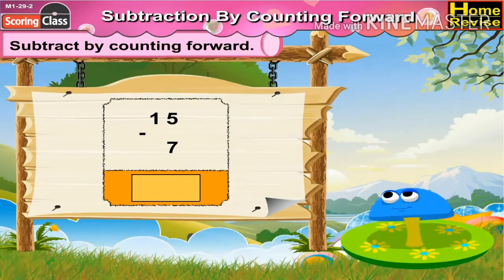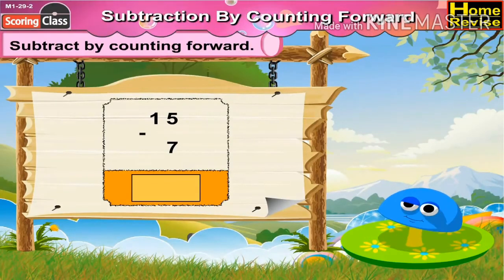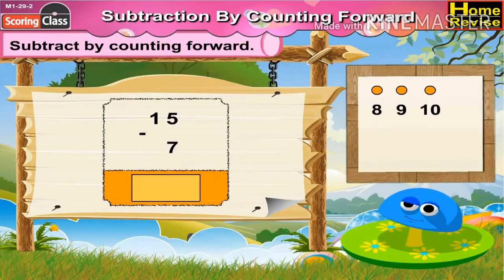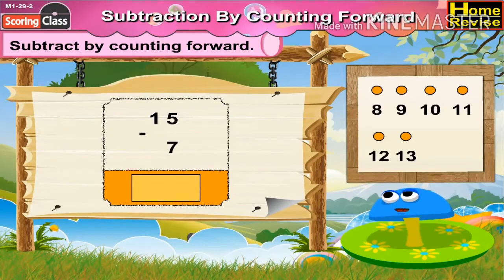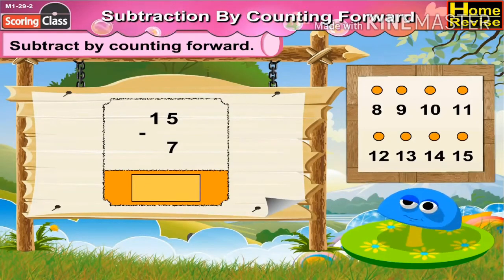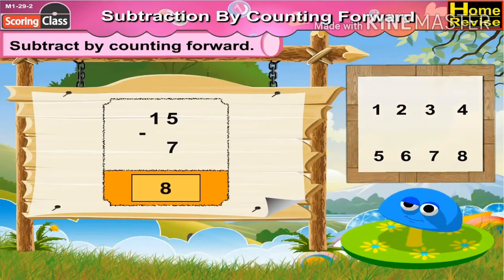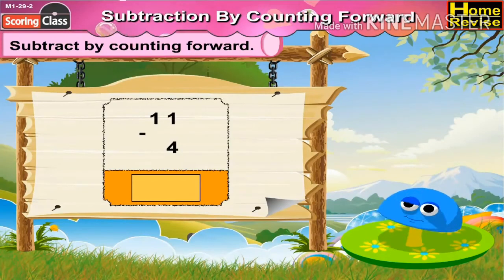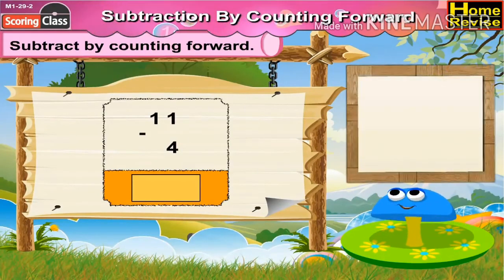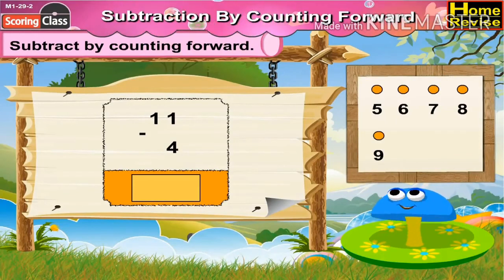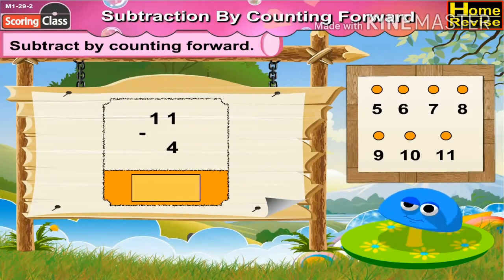15 minus 7 is equal to dash. 15 minus 7 is equal to 8, 9, 10, 11, 12, 13, 14, 15. Well, 15 minus 7 is equal to 8. 11 minus 4. 11 minus 4 would be 5, 6, 7, 8, 9, 10, 11.